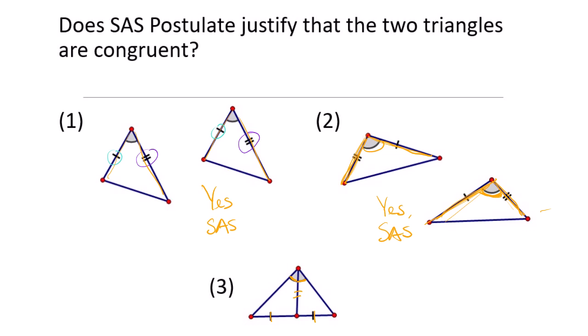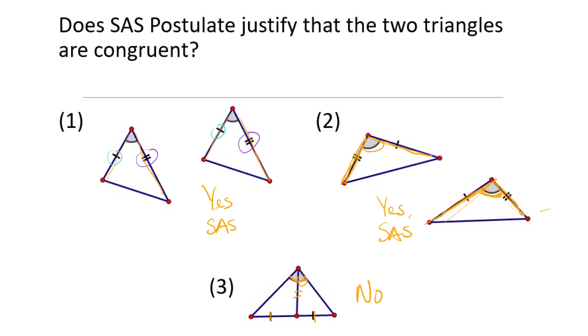So here we have two sides and an angle in both triangles, right? Two sides and an angle congruent with two sides and an angle, right? The issue is that this angle is not included, right? It's not formed by those two sides. So it's adjacent to this one, but it's not adjacent to this one, right? It's not included between the two sides. And so we can't use SAS in this case, all right? So the answer would be no.